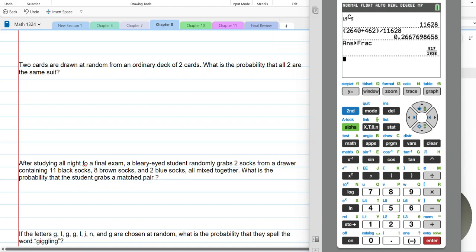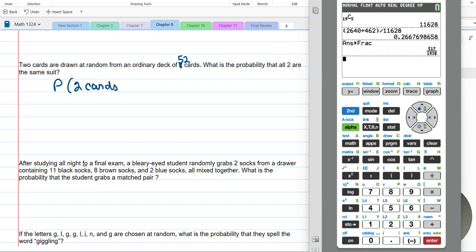All right. 2 cards are drawn from an ordinary deck of 52 cards. What is the probability that 2 are the same suit? All right. So we're only talking 2 cards.